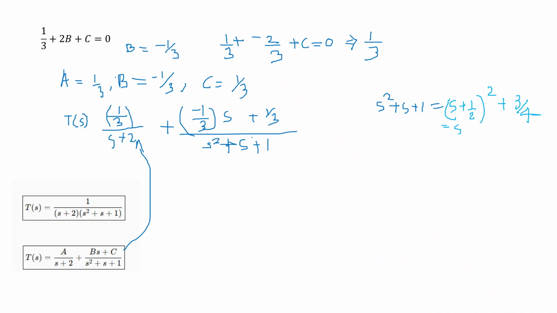This is actually s square plus 2 into 1 by 2 into s plus 1 by 4 plus again you have a 3 by 4 here, which forms our same old equation, that is s square plus s plus 1.